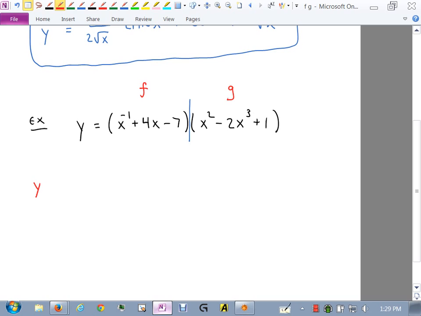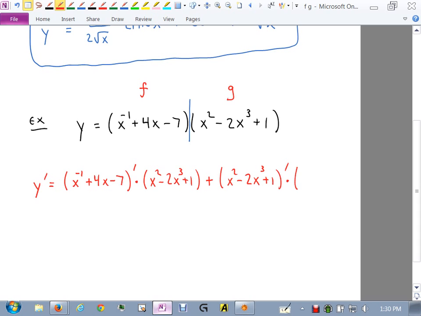So my derivative should be f prime, times g, which is that whole thing, plus the derivative of g, so I write down g with a little prime mark on the outside, times f, which is this.